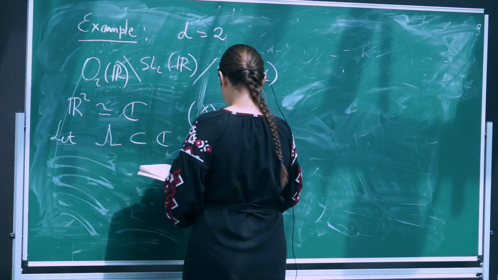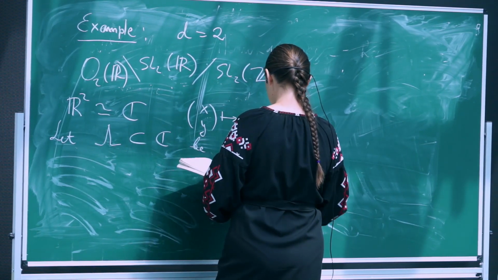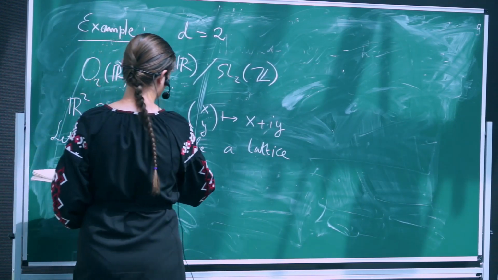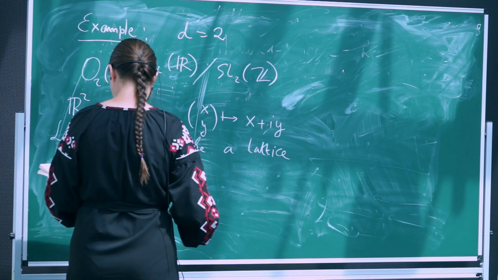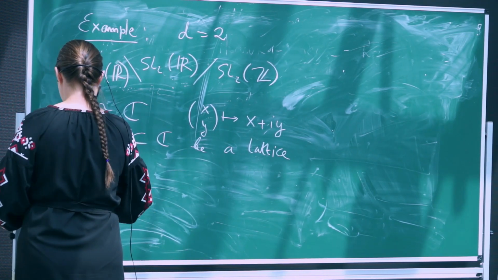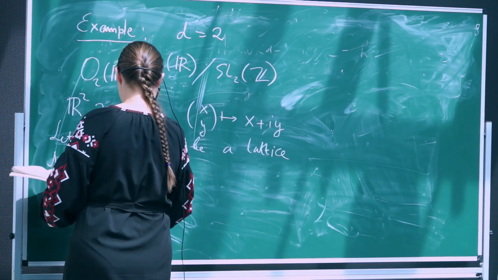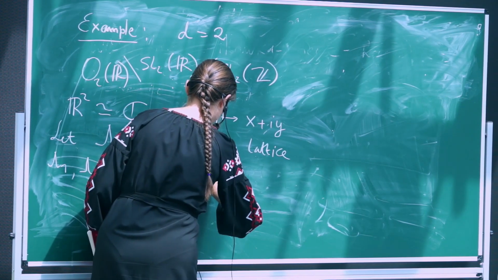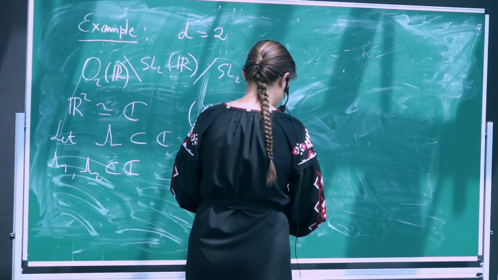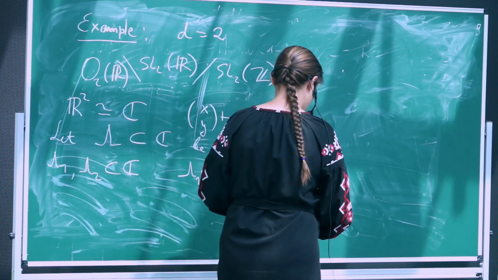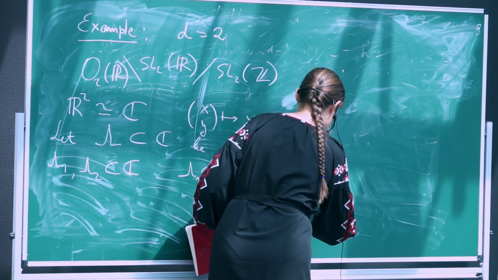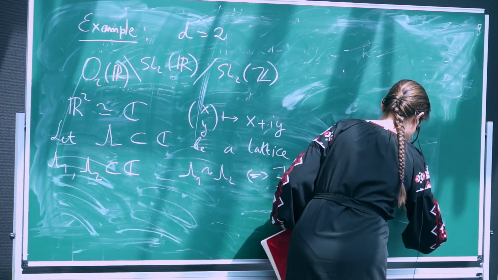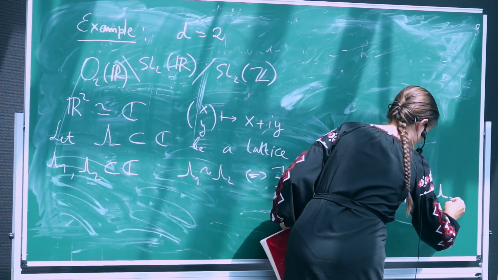But now it will be convenient to take a slightly different normalization. Let lambda be a lattice, embedded into the complex numbers. We introduce the following equivalence relation on the space of lattices: two lattices are equivalent if and only if there exists a non-zero complex number alpha such that lambda_1 equals alpha times lambda_2.